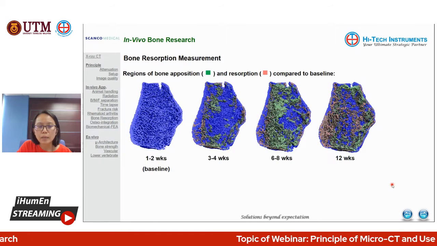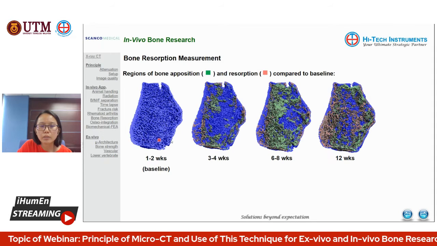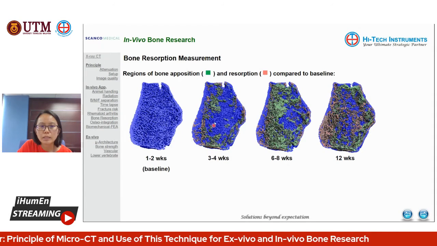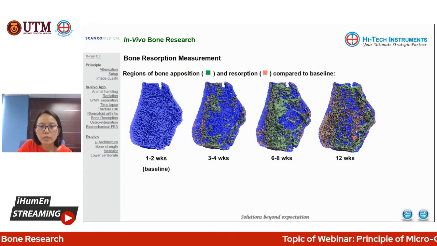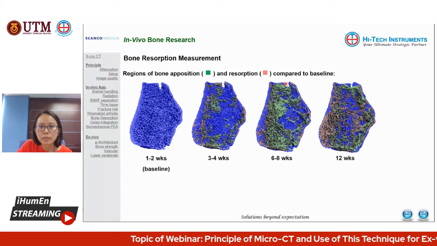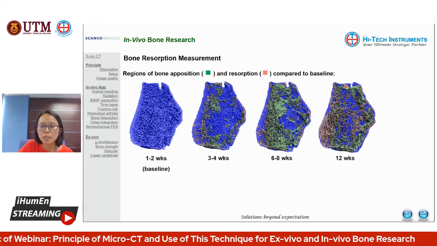So this is another example that you can see here. This is the baseline that you captured in week 1. After 1 week, you can see there is a green color, which is the apposition, the new bone, and the pink color, which is the bone resorption. So by the end of 12 weeks, you can see that the gap here is being filled by the new bone, the bone apposition here.